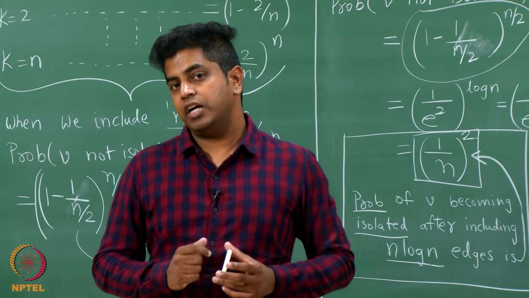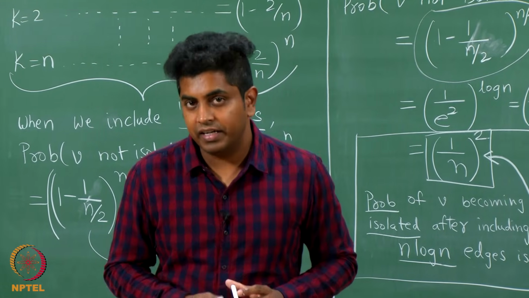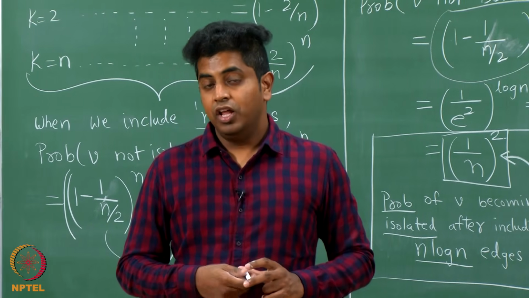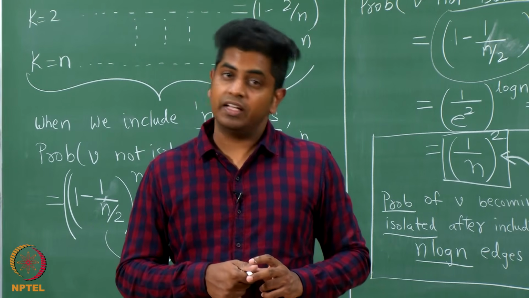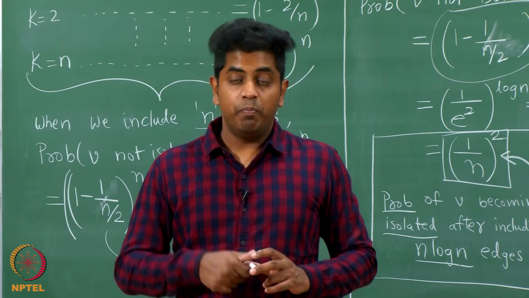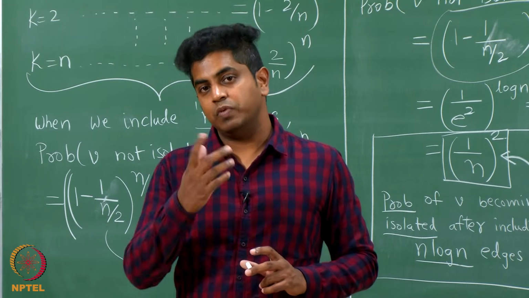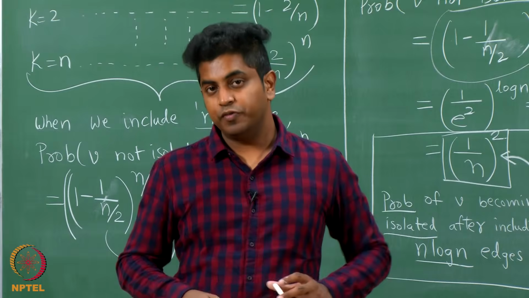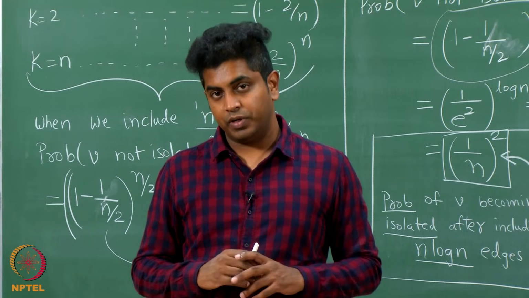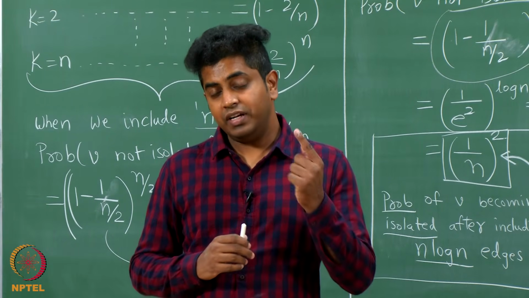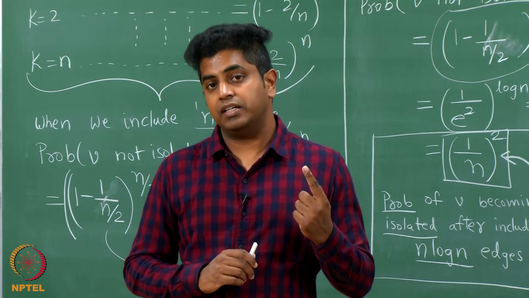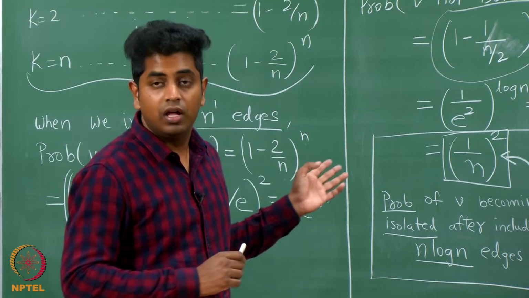Not having isolated vertices does not guarantee a connected graph, but not having even an isolated vertex and yet the graph being disconnected is very unlikely. I told you before, correct? You cannot have two components, you cannot even have one disconnected vertex because it is a very small probability.